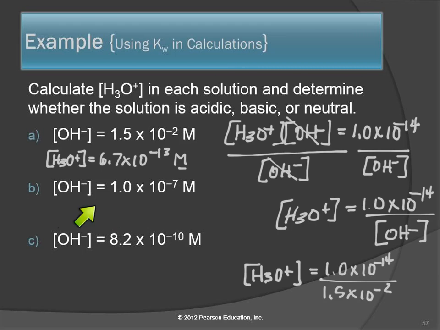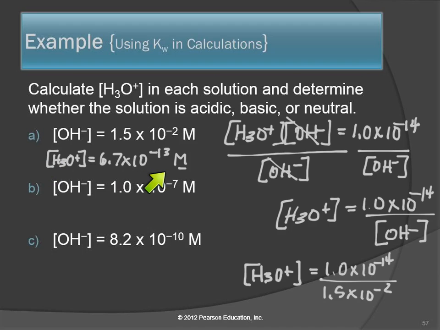So, how about this one? Oh, we forgot. There's a second part, isn't there? Is it acidic, basic, or neutral? Well, in a neutral solution, both of these are 10 to the minus 7.